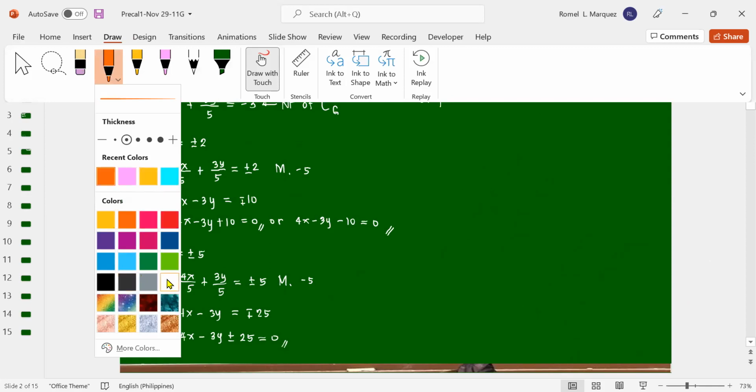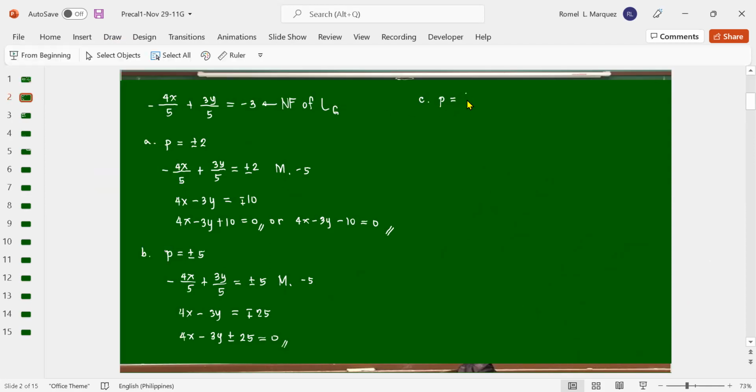So for letter C, what's the P? Plus or minus 6. Get it, guys? So we now have negative 4x over 5 plus 3y over 5 is equal to plus or minus 6.